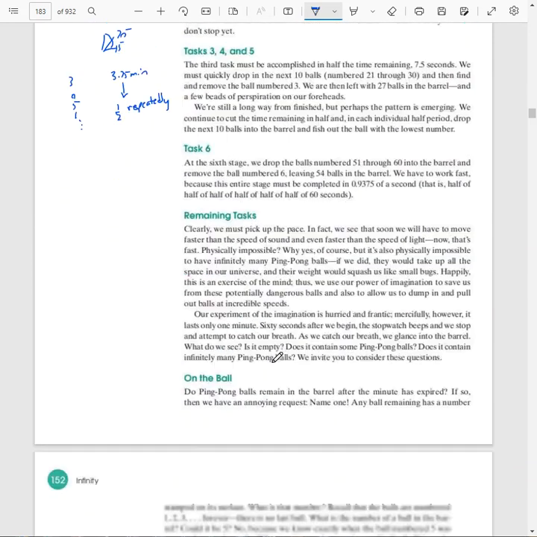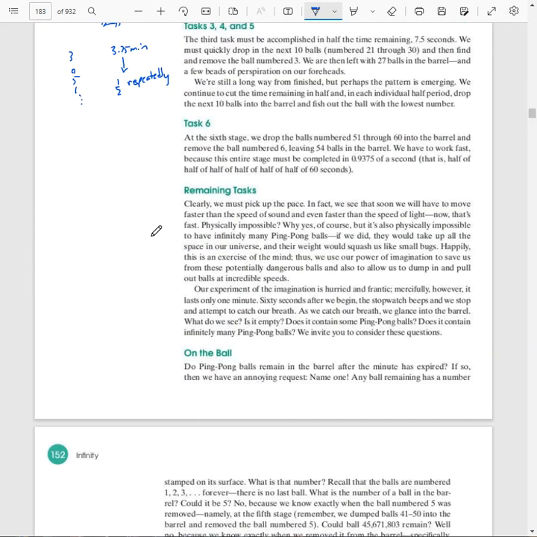So at the end of the time, how many balls are in the barrel? We poured in 10 at a time. We got these ping pong balls everywhere, a nice little barrel shape here. Which balls are still in the barrel?